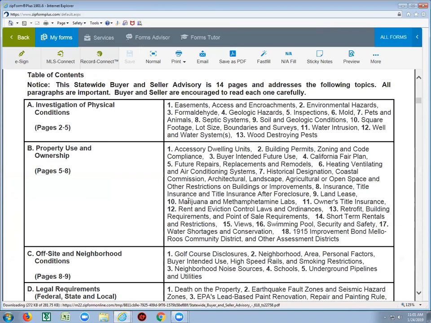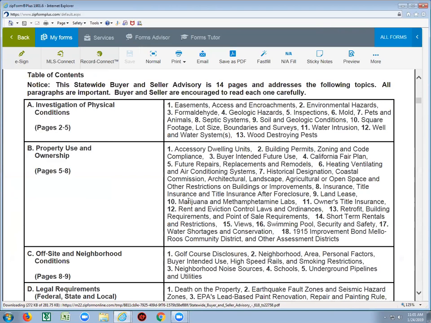11, owner's title insurance. That's just like the title insurance we get, okay? Rent eviction control laws and ordinance. Retrofit building requirement, point of sale requirement.